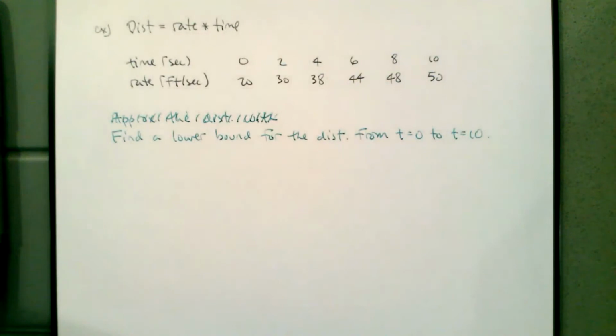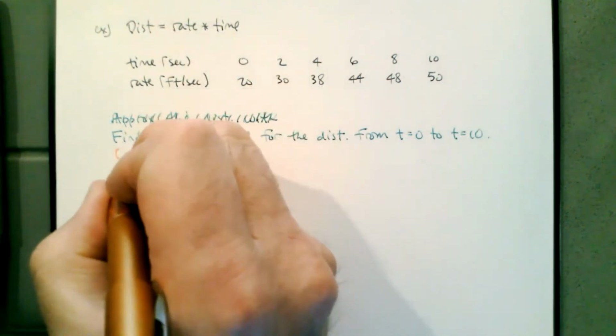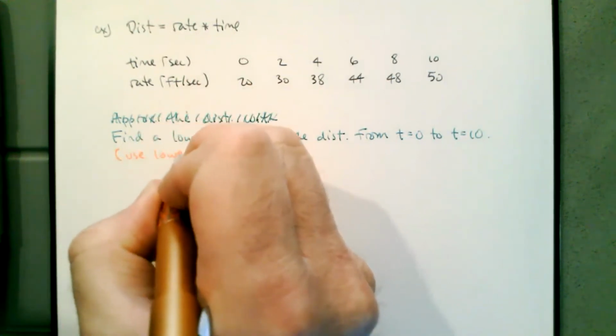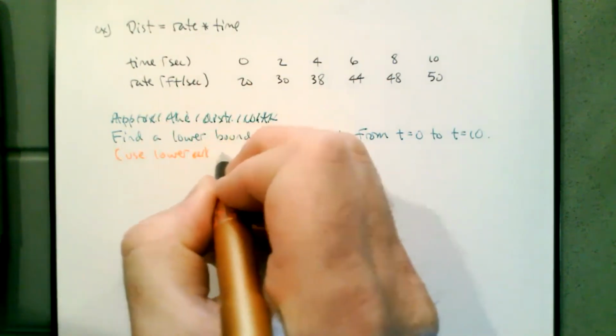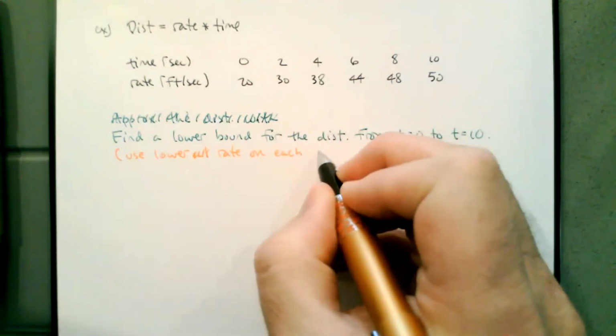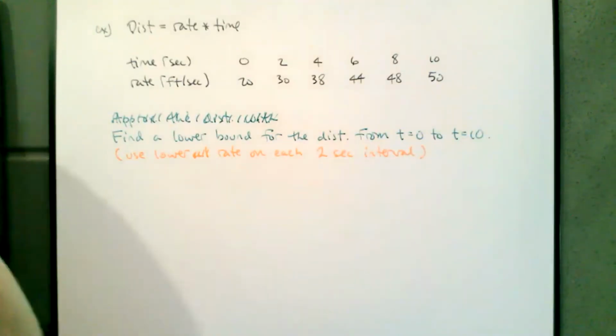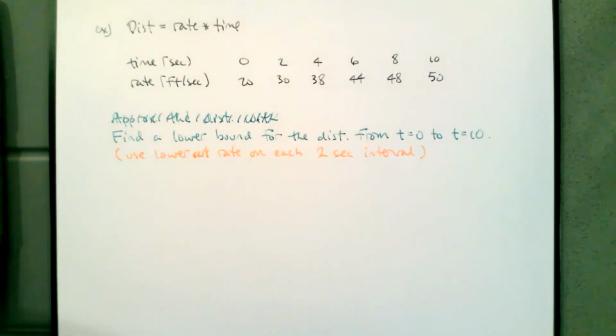Let's find a lower bound for the distance from t equals 0 to t equals 10. What we're going to do is use the lower of the two numbers on each 2-second interval. Once again, the idea is that we make it flat so that we can use multiplication.